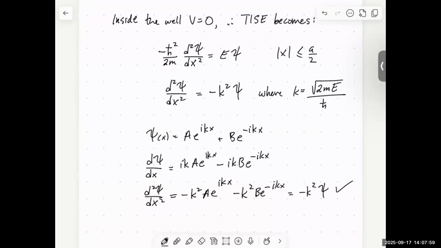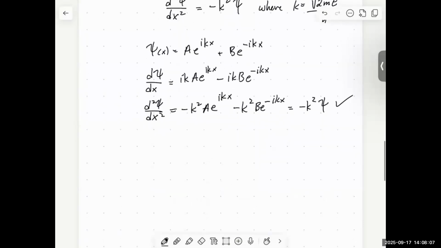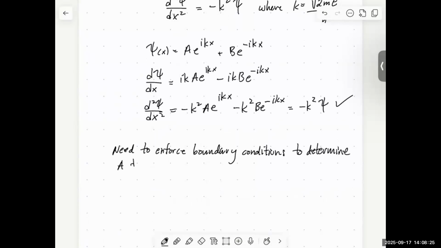Our task now is to find these constants, and the first thing we'll do is try to apply the boundary conditions. We need to enforce boundary conditions to determine, let's start with, a and b.